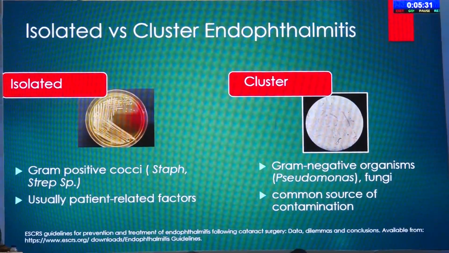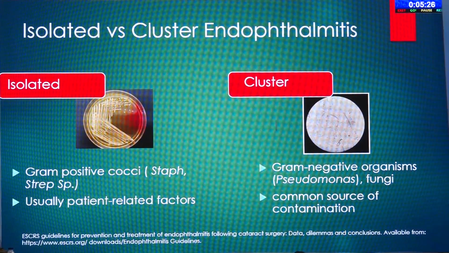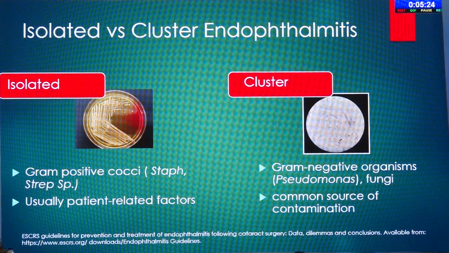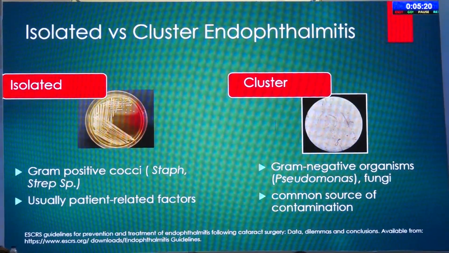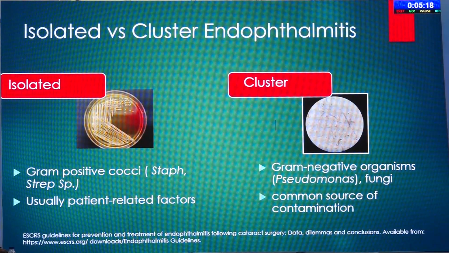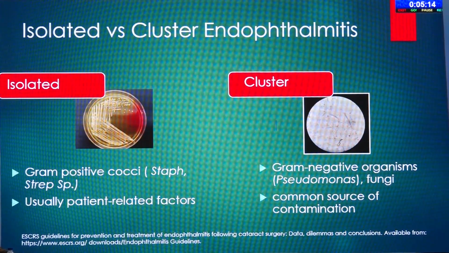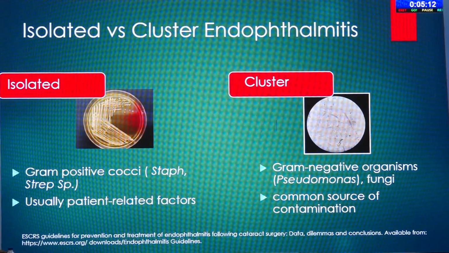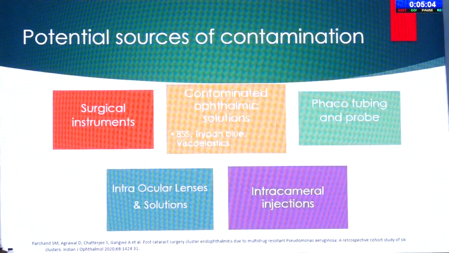Staph and strep species have commonly been found to cause isolated cases of endophthalmitis. In cluster endophthalmitis, you usually find a common source of contamination, and the common organisms responsible are gram-negative bacteria, Pseudomonas being one of the main culprits, and fungi.